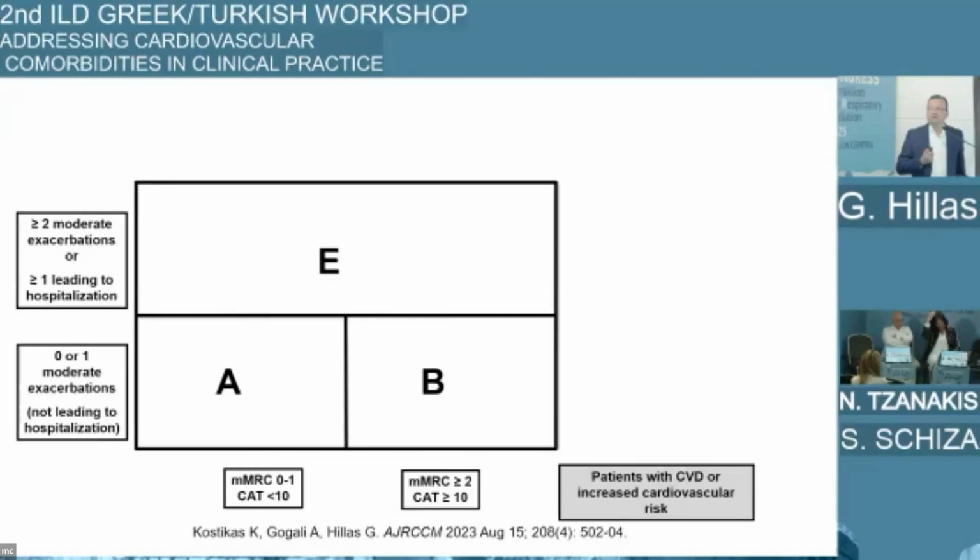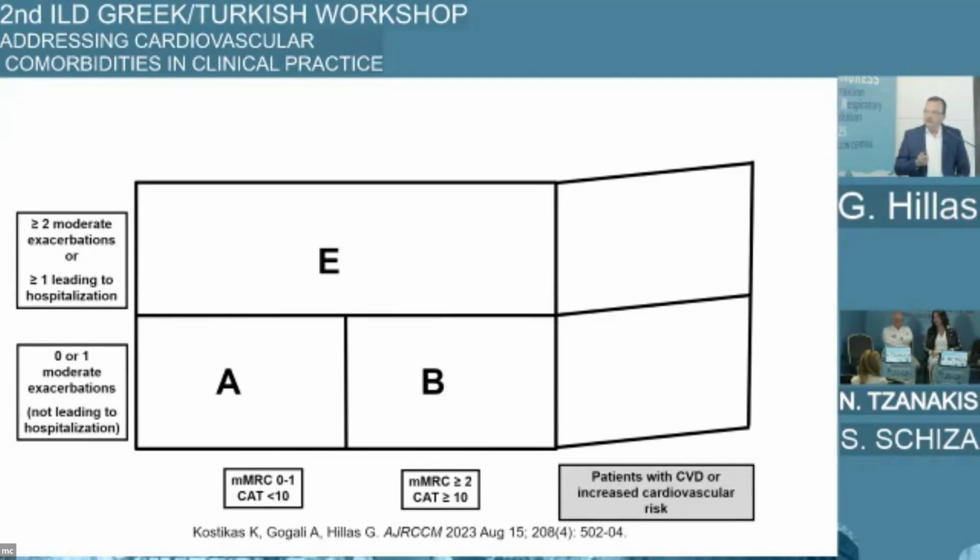So, with Kostas and Athena, we hypothesized that triple therapy, ICS-LAMA-LABA, as an initial treatment in appropriately selected symptomatic and exacerbating COPD patients with a cardiovascular disease or at increased cardiovascular risk, could receive this effective treatment as an initial treatment.